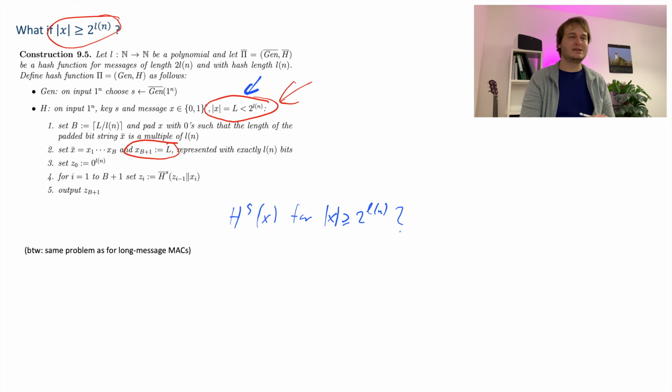All right, so the nice thing about this question is that there are essentially no wrong answers, because in the collision finding game, no adversary will ever be able to input something that is longer than 2^L(n). Because 2^L(n) is super polynomial, and just writing down a super polynomial length string is not possible for a polynomial time algorithm.